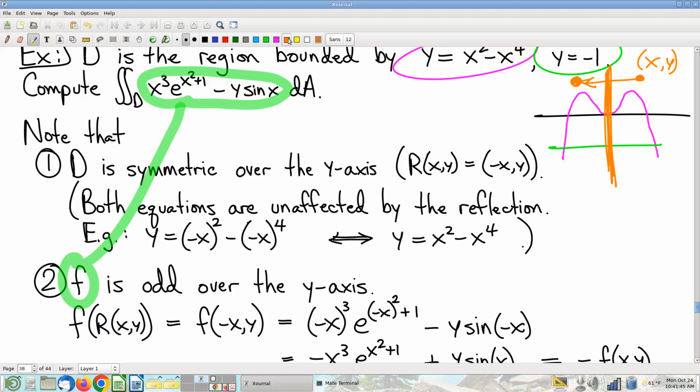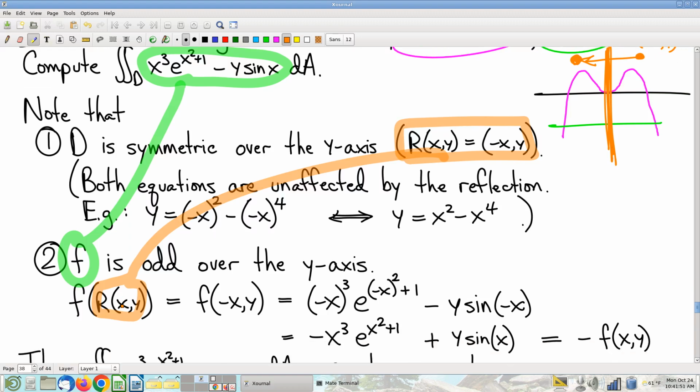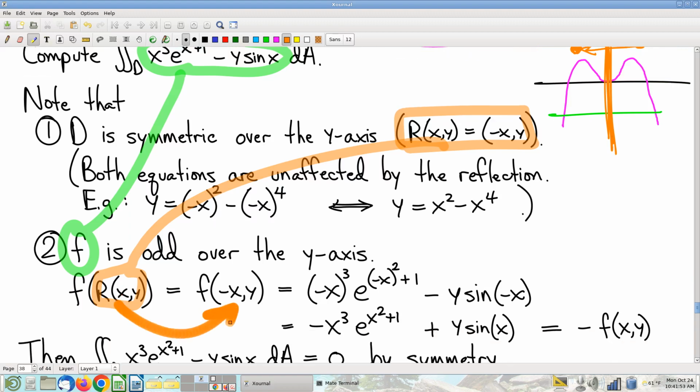Specifically, when I take this reflection and plug it into the function, and you can see that happening here, I'm plugging the reflection into the function. Then the value of f gets a minus sign. And that minus sign is the oddness.